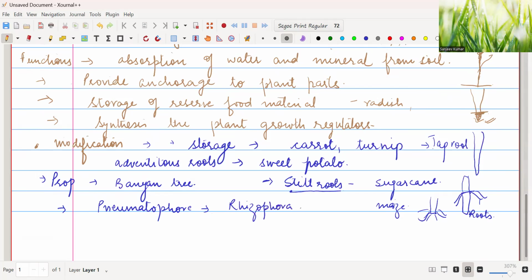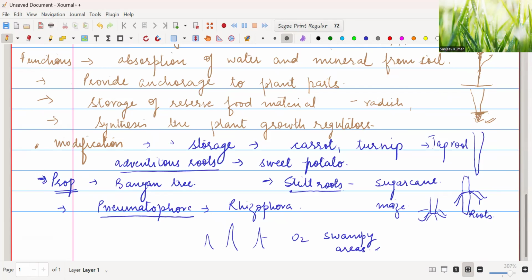We can see that the pneumatophores grow vertically upwards, forming some kind of upward projection for oxygen, especially in swampy or marshy areas. So these are the different modifications, the different types of roots which are present.